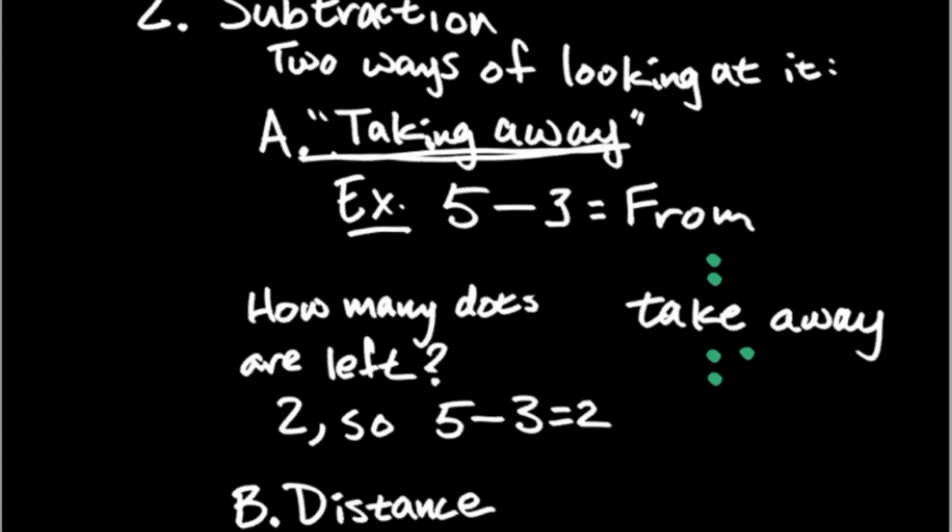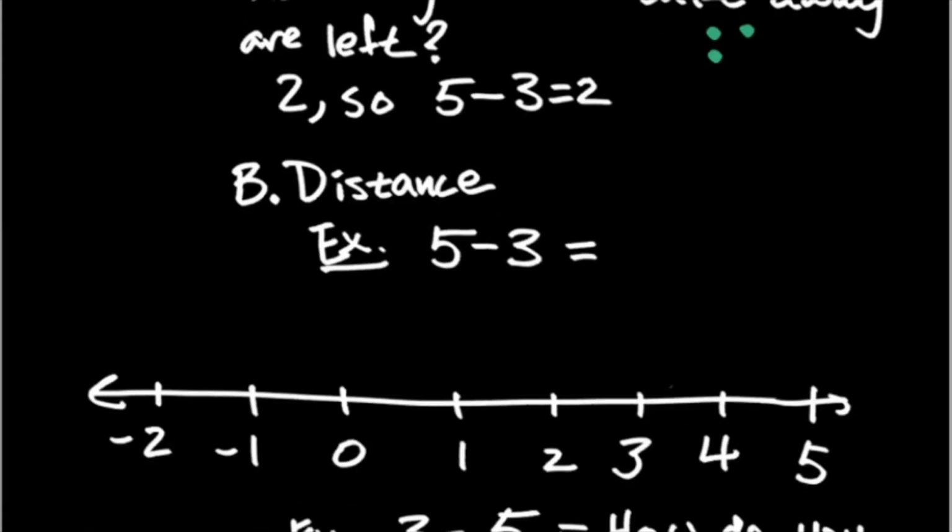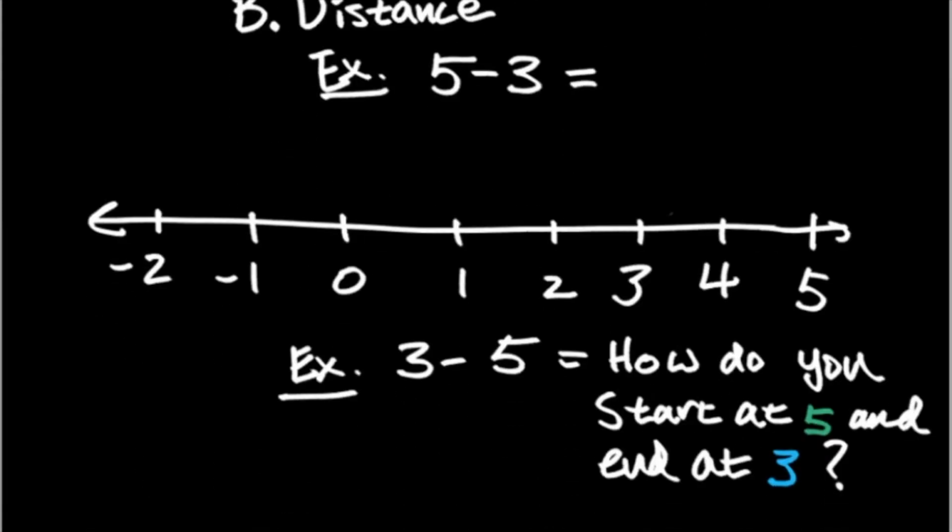So now distance. You probably have not really thought about distance that much. So 5 minus 3, let's look at that. The thing is, we want to get to 5, and we're going from 3. So 3 to 5. That's what we're really looking at.